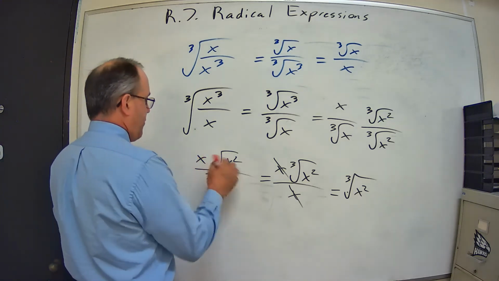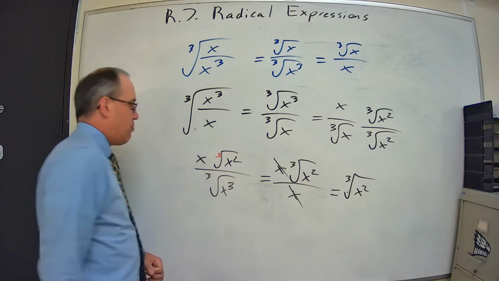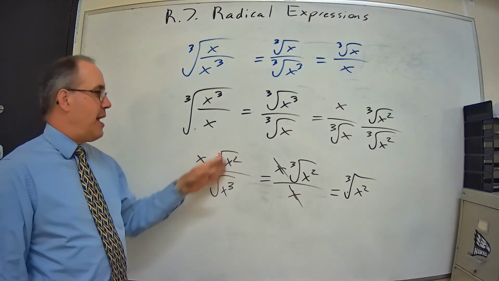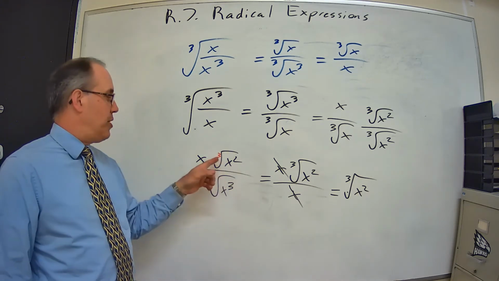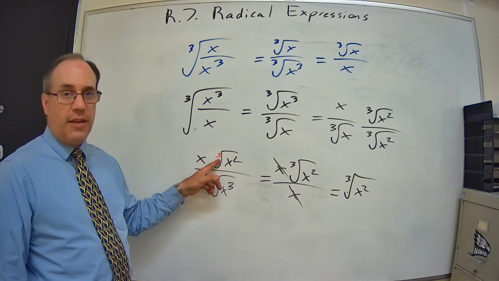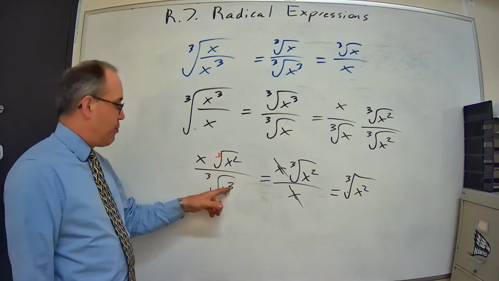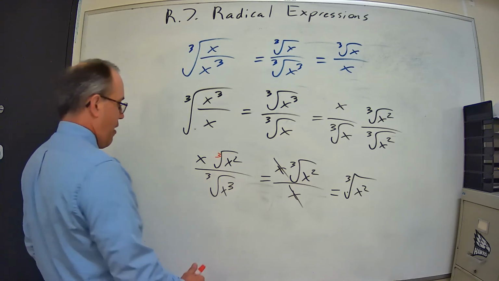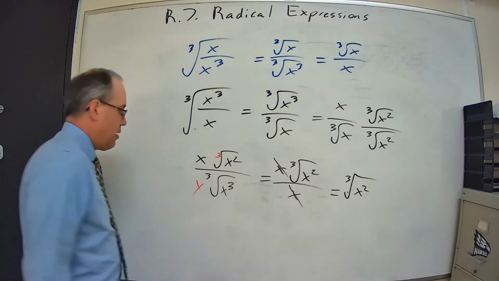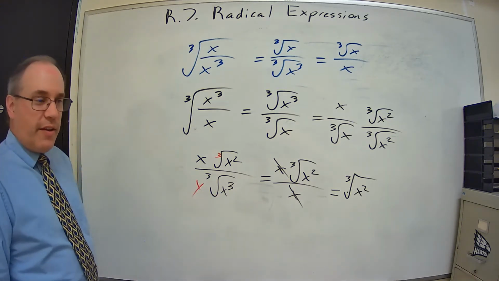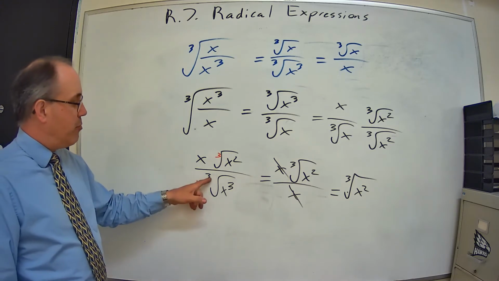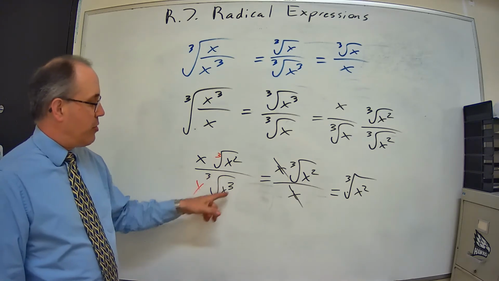You really have to be careful to make sure that that is really in and a part of your radical, that it shows that that is the index. Because there's not much difference. Like you look at this bottom one here with the spacing I have, if I put a y there, doesn't that look like y cubed times the square root of x cubed?